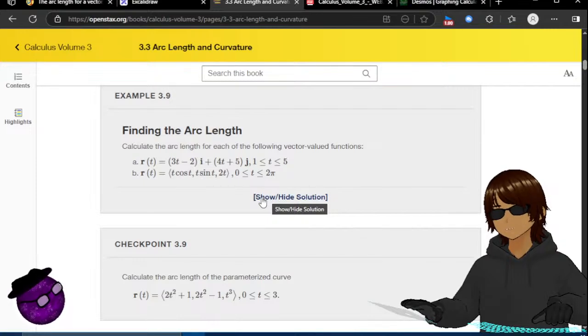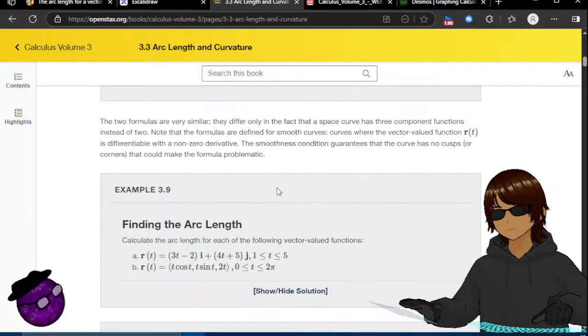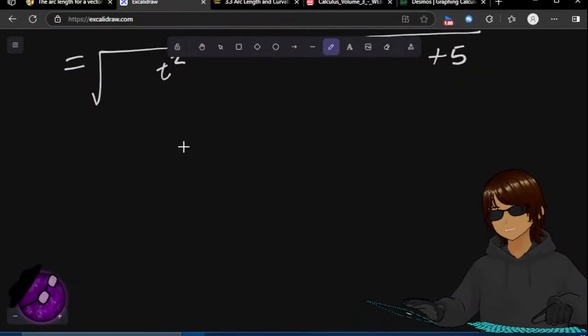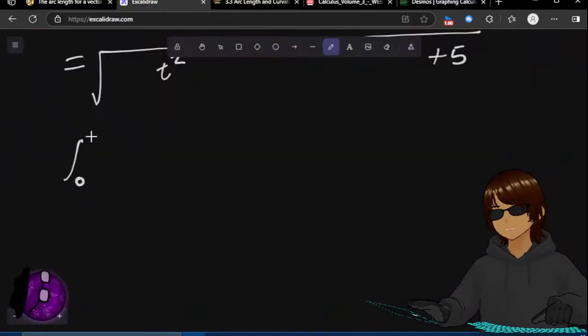Find the arc length for. Okay, so we need to find between 0 and 2 pi.